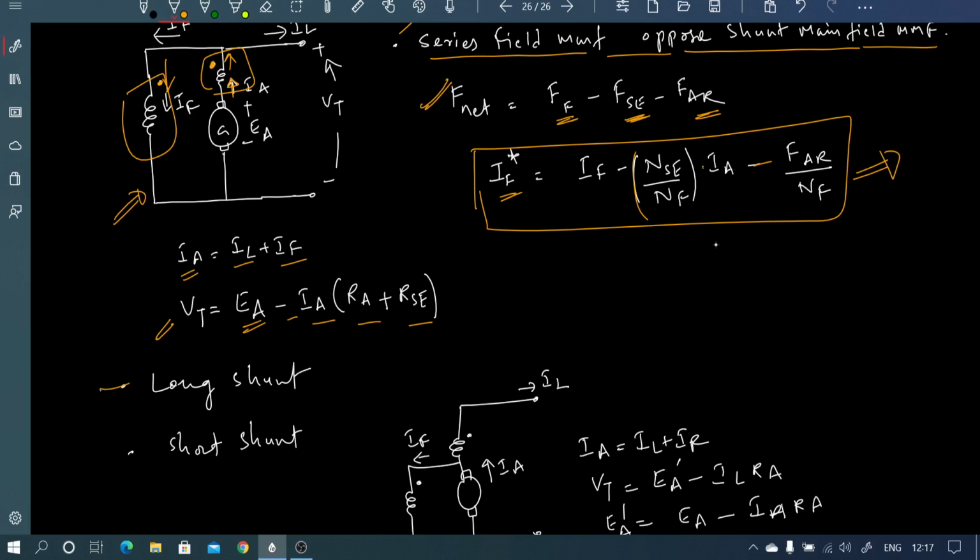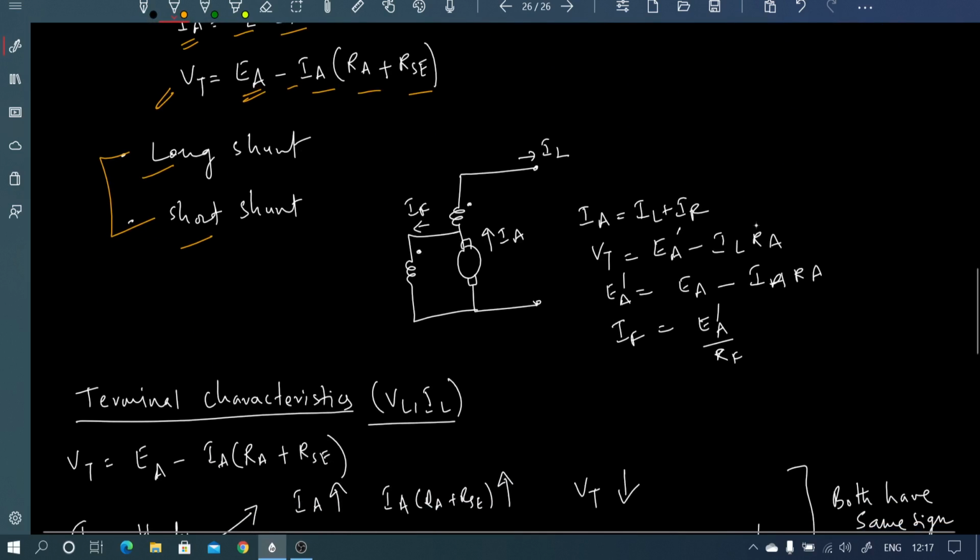Now again we have two possible connections, long shunt and short shunt, also in the differential compound generator. So short shunt will be connecting the shunt field circuit across the armature like this. Again these will be the equations governing it.